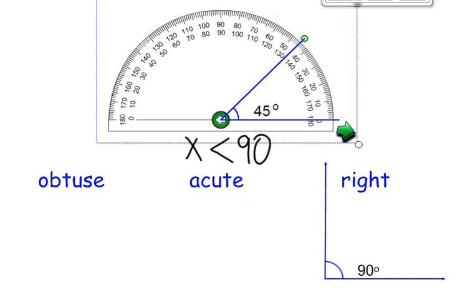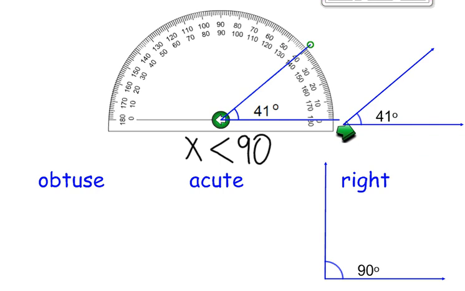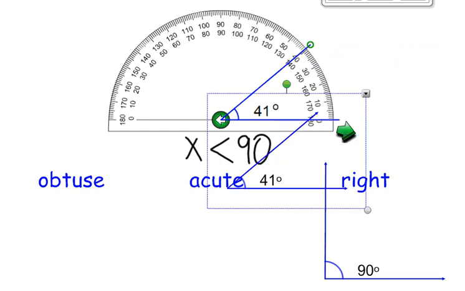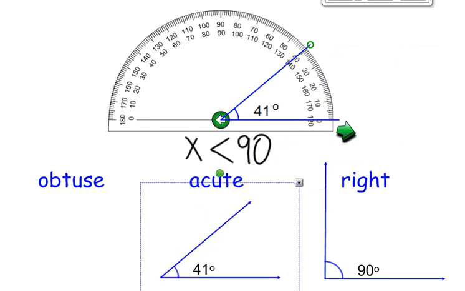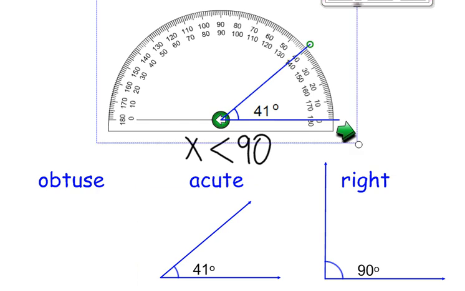Most commonly, we think of acute angles like that, small, acute. You can think about that to help you remember your acute angles. All right? So there's an example, which means that if 90 degrees is right and less than 90 is acute, that means greater than 90 must be obtuse.